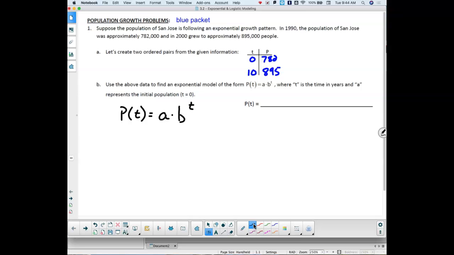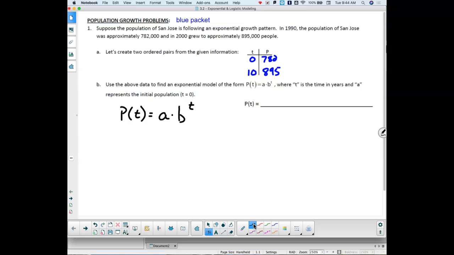Do I know a? Yes. What is it? Why do I know that a is 782? Two ways. One, it told me right in the problem that a is the initial population where t is equal to 0, and we found where t is equal to 0.